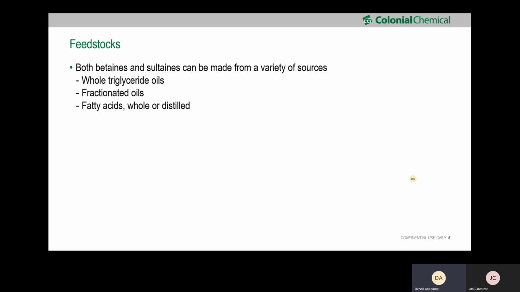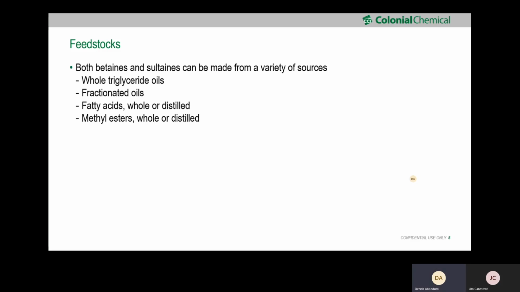It could be produced from fatty acids, either whole fatty acids like coconut, retaining the entire distribution of fatty acids from C8 through C18, or we can use distilled fatty acids. In some cases, we use portions like a C8 or C810, or the mid chains for highest foaming performance typically, and then sometimes longer chain lengths for greater viscosity building or other benefits.